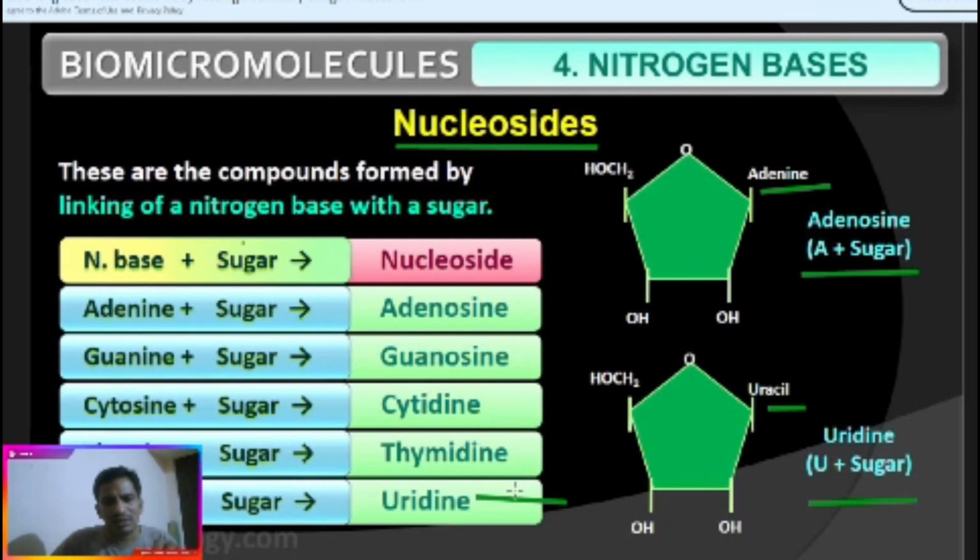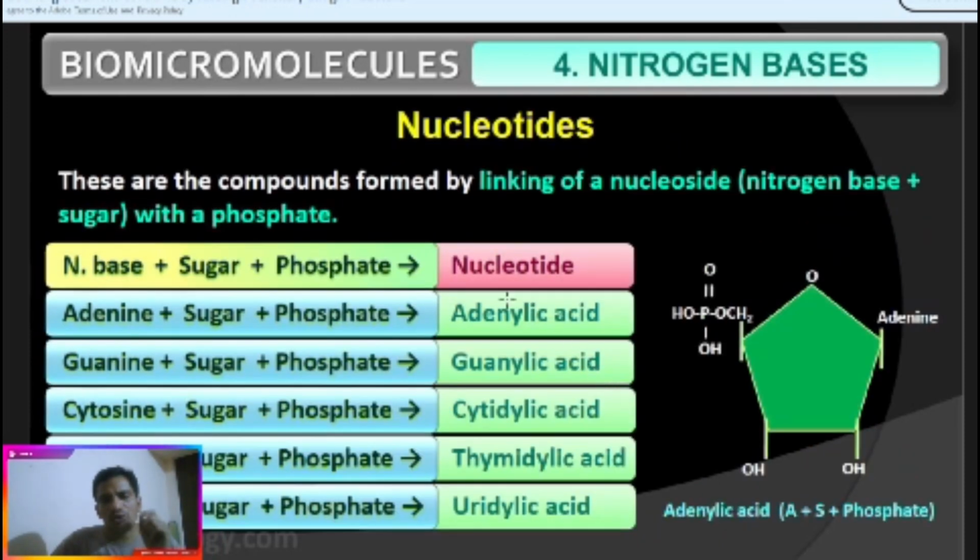Adenine plus sugar is called adenosine, guanine plus sugar is guanosine, cytosine plus sugar is cytidine, thymine plus sugar is thymidine, uracil plus sugar is uridine. These are the nucleosides. Nucleoside equals nitrogen base plus sugar. Got it? Now nucleotides.